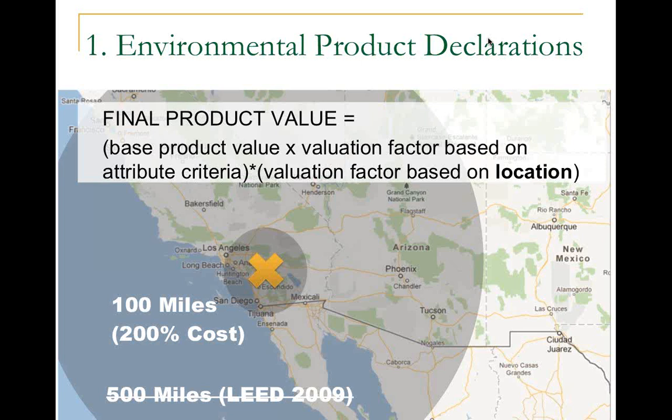And then that's multiplied by location. So in fact, if you have a full product, plant-specific EPD, and you had the opportunity to be within 100 miles, you actually get 200% of the cost. So you are helping that design team out in terms of optimization. So they can go after that second option, the optimization one, even more.